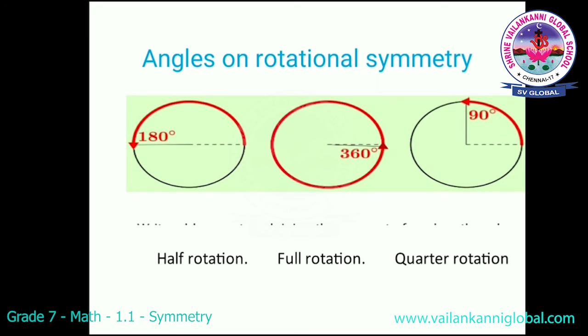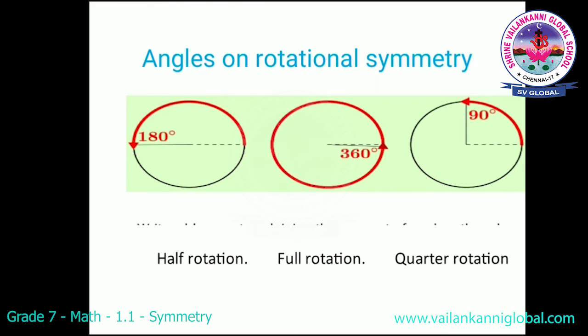So here we have the angle of rotation. When an object rotates from the starting point back to the end point, the angle it covers is 360 degrees. That is a full rotation. When it is a half rotation, the angle covered is 180 degrees.